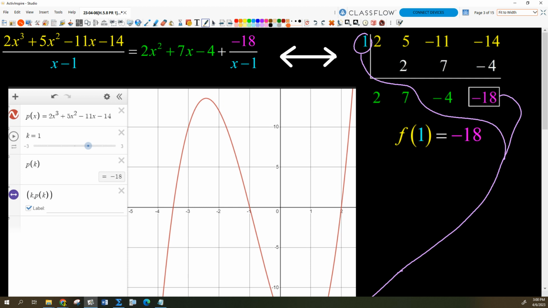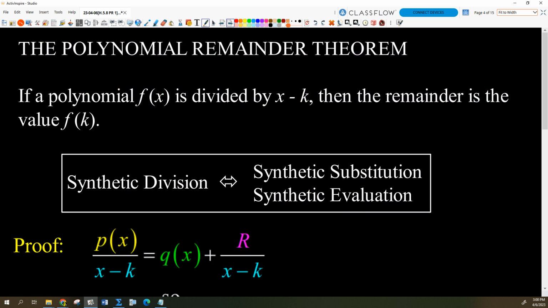Okay, one connection is the polynomial remainder theorem. If a polynomial f of x is divided by x minus k, then the remainder is the value f of k. Okay? Where did the f of k come from? Well, think what we did earlier.